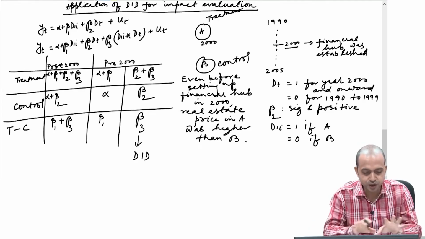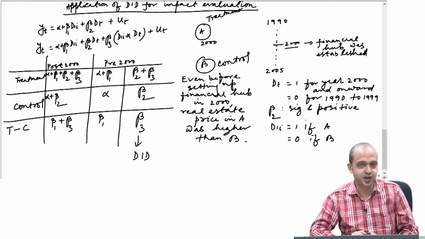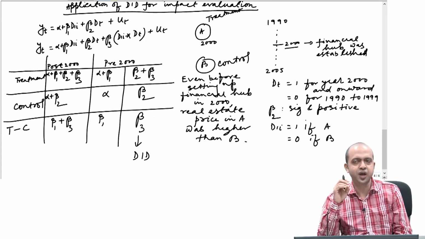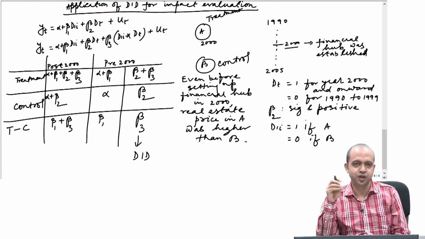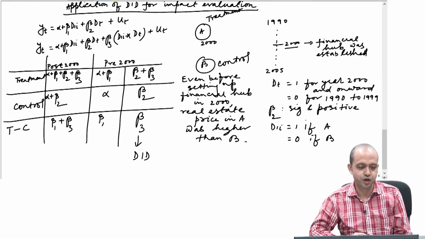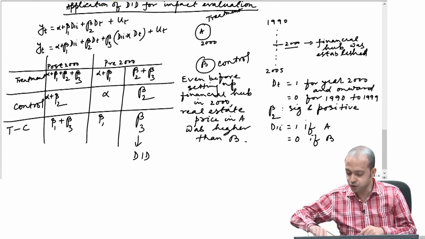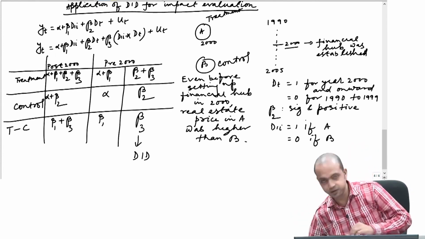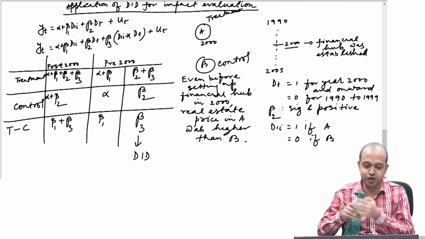This particular setup has very interesting and profound implications in the context of policy evaluation. You should not only introduce the two dummies, but also interact them to get the impact evaluation, or DID.